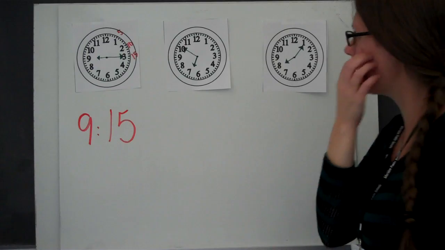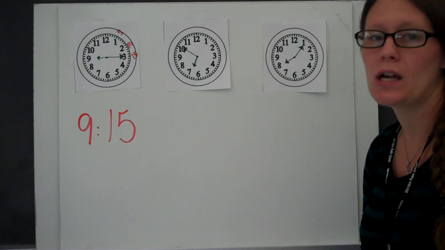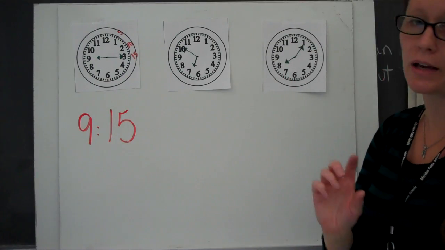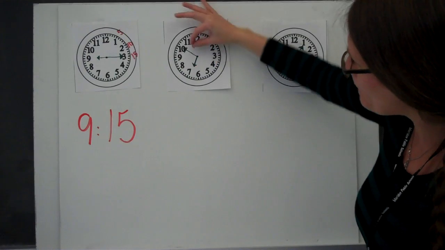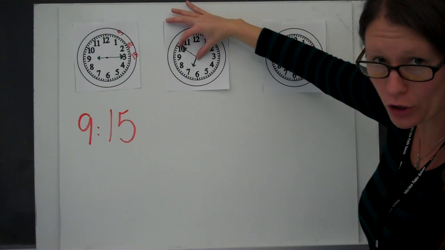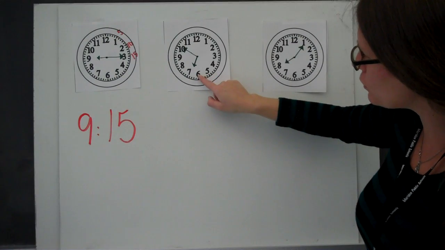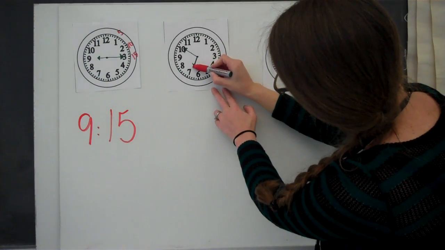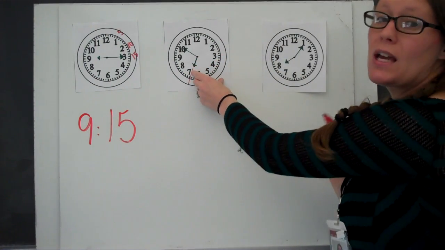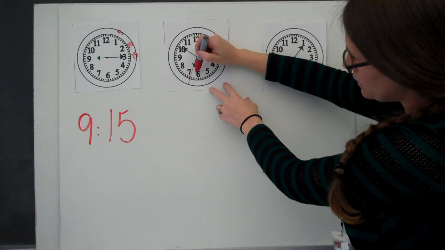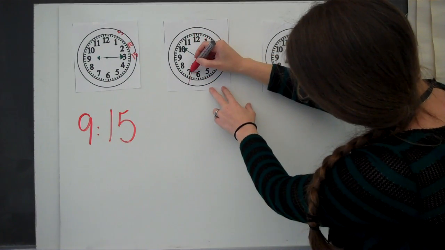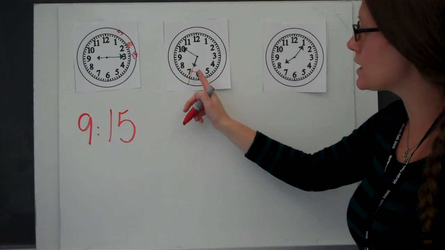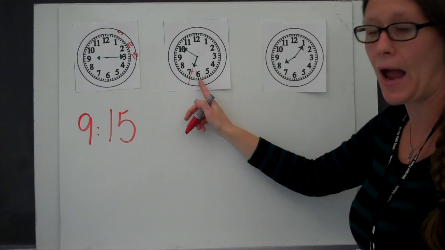Let's take a look at our next clock. First thing I'm going to do is figure out which is my hour hand and which is my minute hand. I know my hour hand is shorter. My minute hand is longer. My hour hand is between the 6 and the 7. If I extend this, it's not touching the 7 yet. So that means that it's in between the 6 and the 7 hour. It is not 7 o'clock yet. It is still in the 6 o'clock hour.